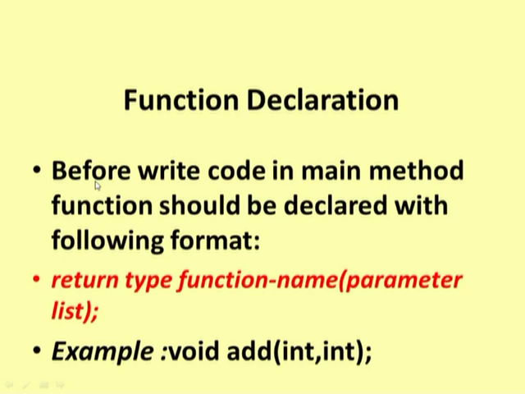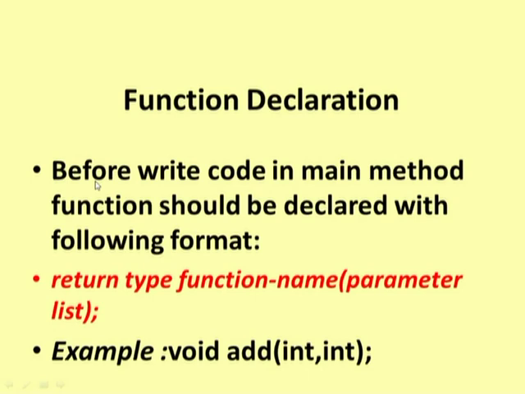Now how to write? The syntax should be return type, then function name, and within the braces the parameter list, and then put the semicolon. For example, here add is the name of the function which does not return a value, so I write the void keyword, and it takes two parameters, that is int comma int.